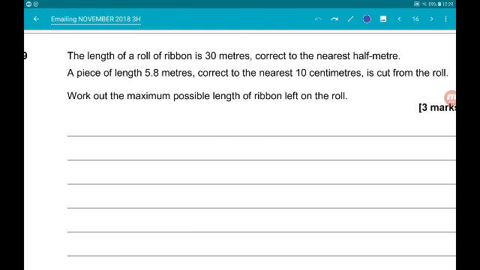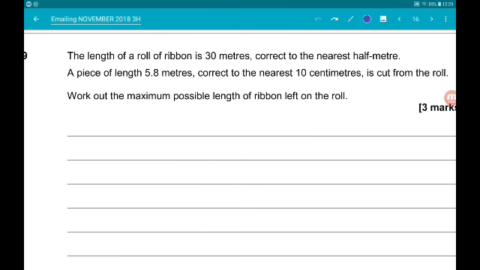For the maximum length to be left on the roll, we would need the upper bound of the length of the roll minus the lower bound of the length of ribbon cut off. So I'm going to do the error intervals of both because it's good practice.